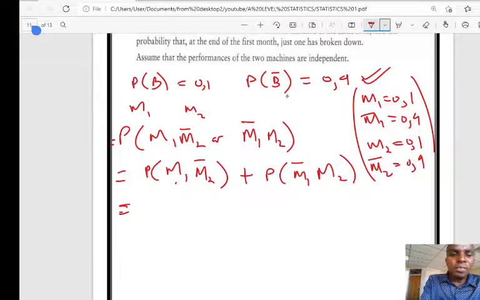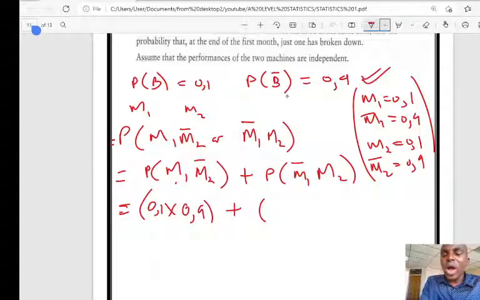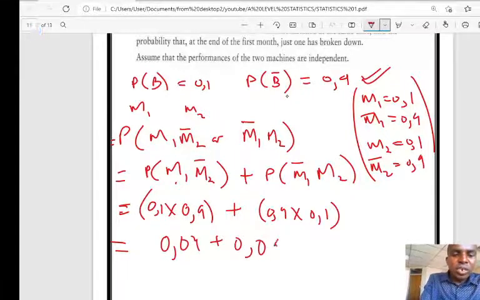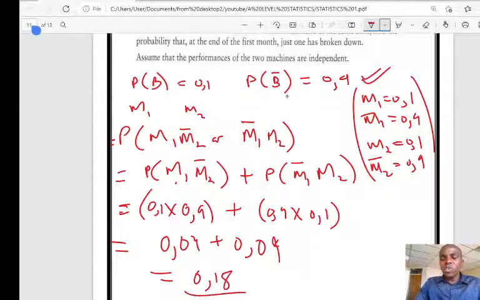Machine 1 is 0.1 times machine 2 not working 0.9, plus machine 1 not working 0.9 times machine 2 working 0.1. Simplifying, 0.1 times 0.9 is 0.09, plus 0.09, which equals 0.18. So this one is your final answer.